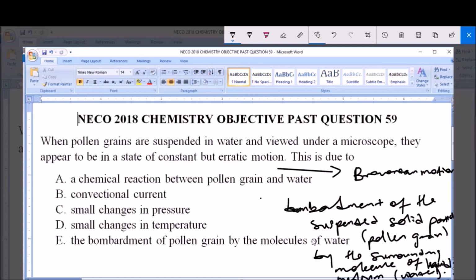So due to the bombardment of these pollen grains by the surrounding molecules of water, that is what brings about the constant but erratic motion of these pollen grains when observed under a microscope.